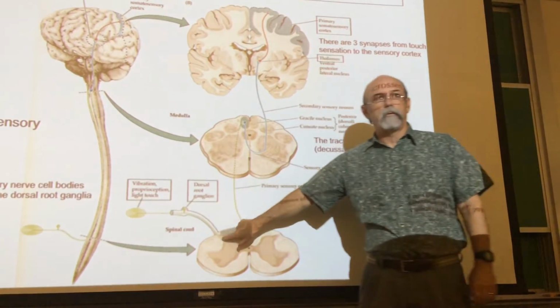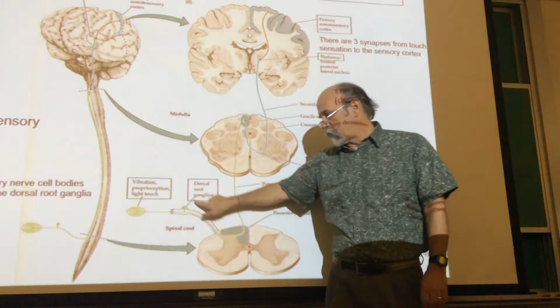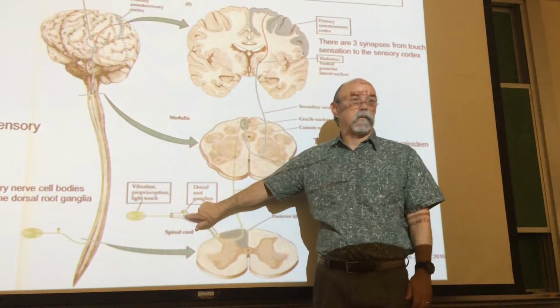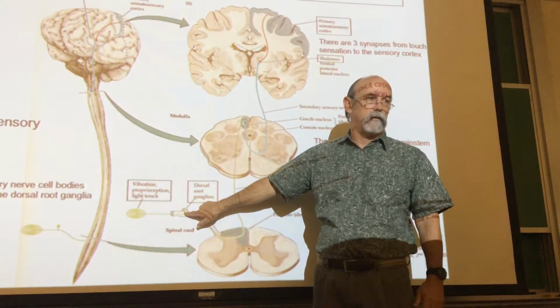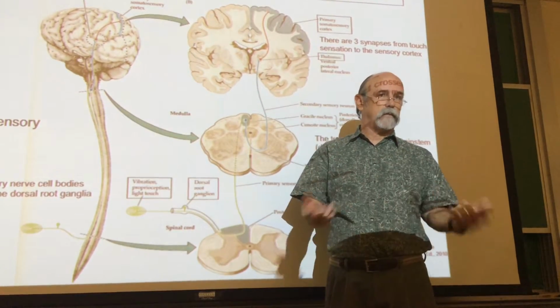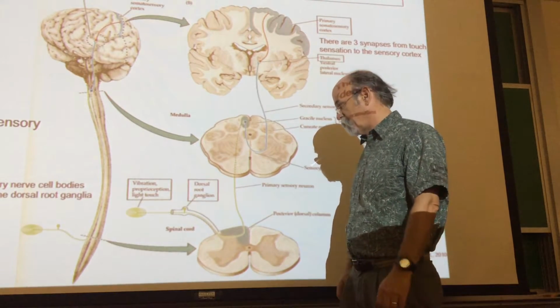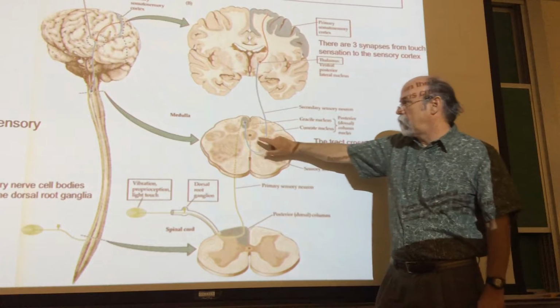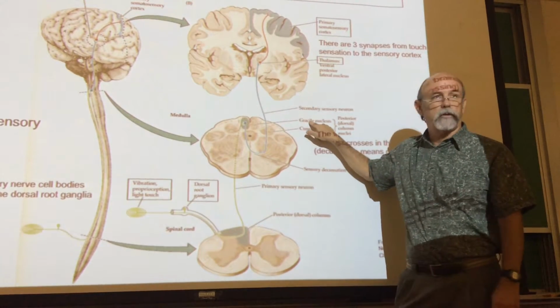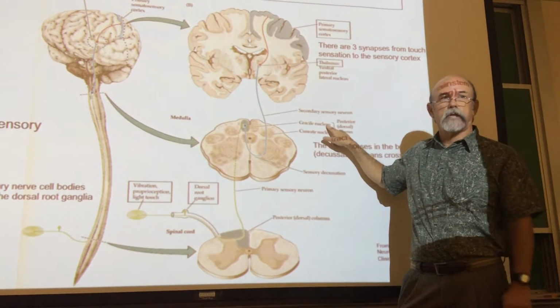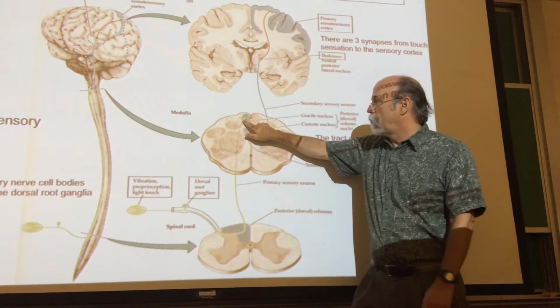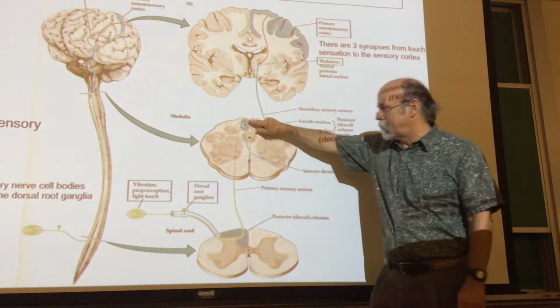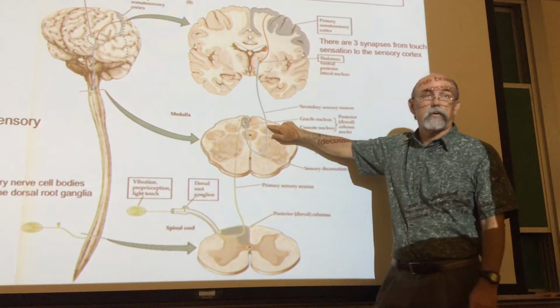This is the root. And then there's a collection of cells, not one cell there. This is just one example. There's lots of cells here. That's why it's a ganglion, the dorsal root ganglion. It goes up to the medulla and synapses here. I don't want you to know the gracile nucleus unless you have to know everything. Then it synapses there and goes across, and this is a little fanciful, but it does say dorsal here.